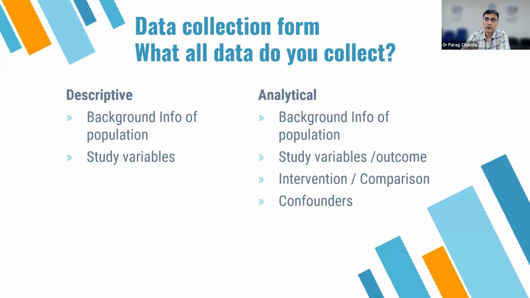So say, for example, yesterday we talked about a study which was trying to find out the effect of the weight of school bag on the prevalence of backache among school children, right? In that case, the weight of school bag becomes an intervention, right? So you might have to actually weigh the school bag and record the actual measurements.